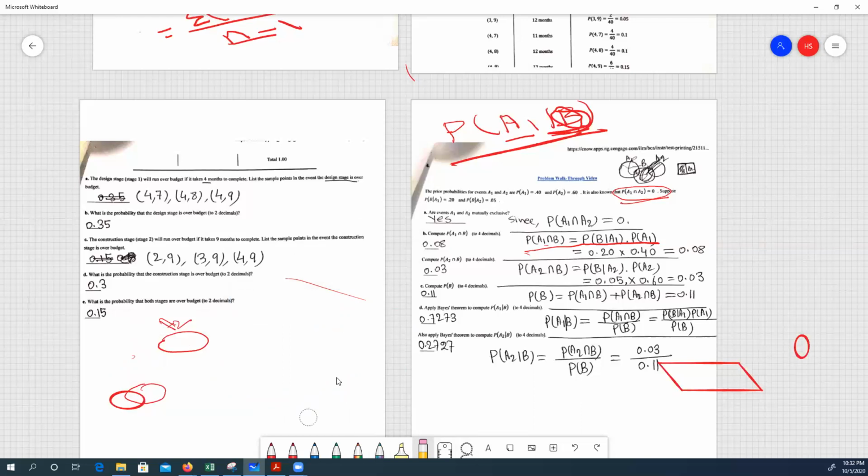So which information is given? Okay, so draw a rectangle. Suppose this is event B, and we can divide this event into two parts.